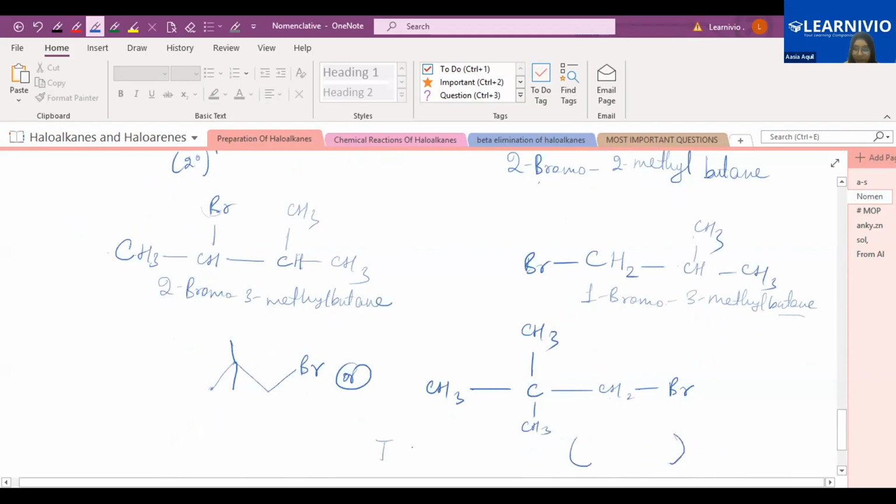Tell me the IUPAC name and what is the degree, primary, secondary, or tertiary, which type of halide it is. 1-bromo-2-methylpropane, and it's tertiary. Sorry, 1-bromo.